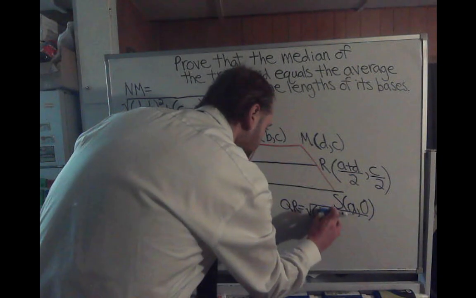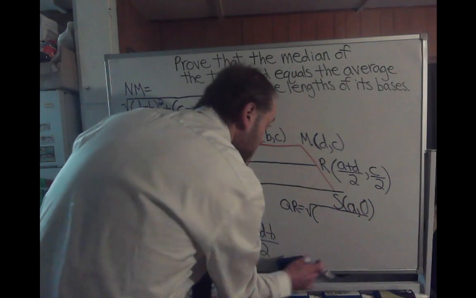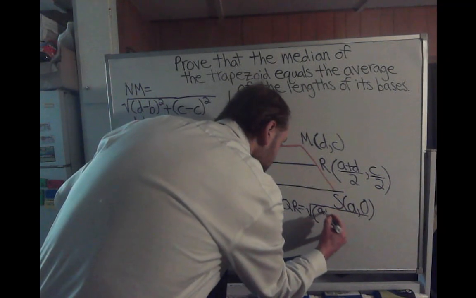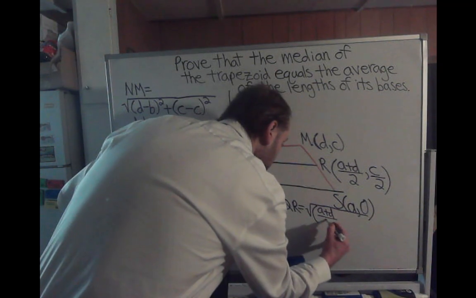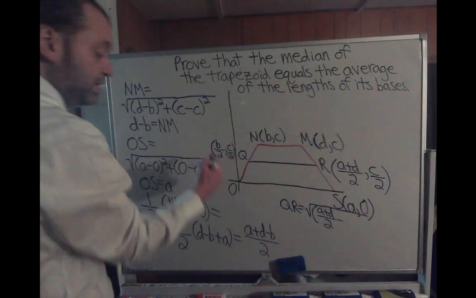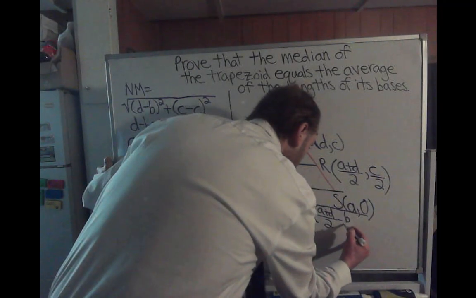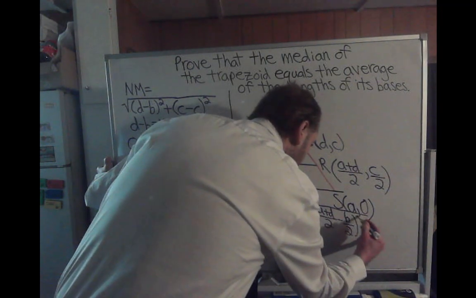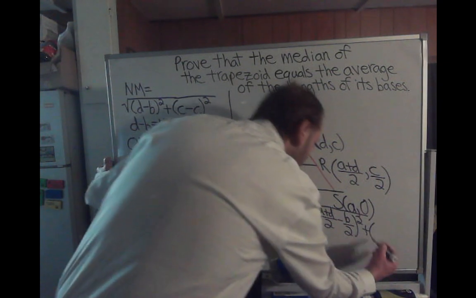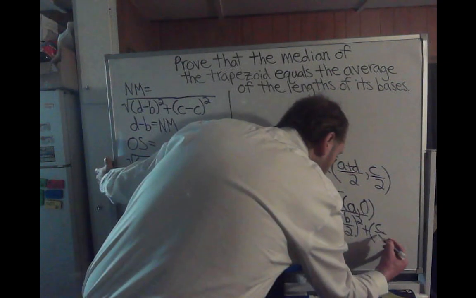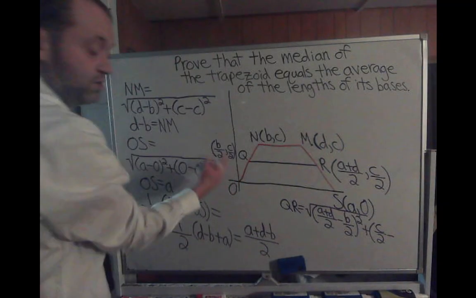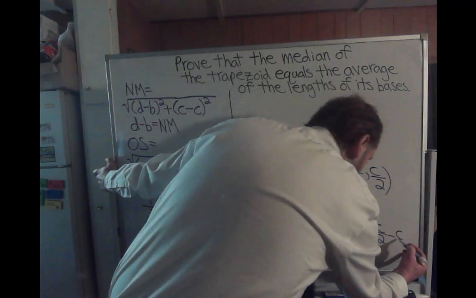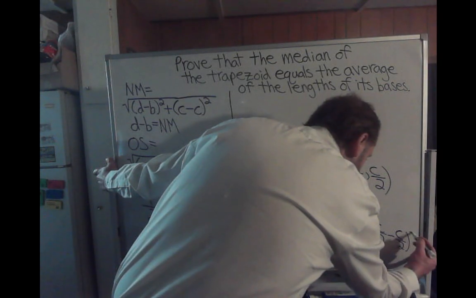One second. Your x2 would be A plus D over 2 minus your x1 of B over 2 raised to the second power, plus then your y2 of C over 2 minus your y1, which is also C over 2, raised to the second power.